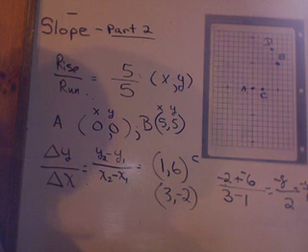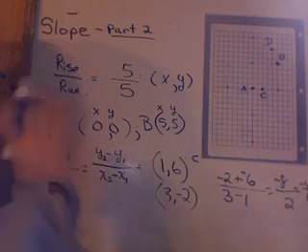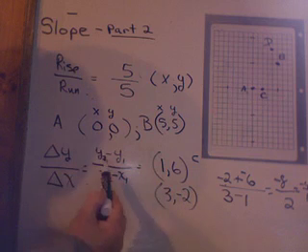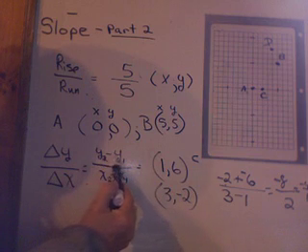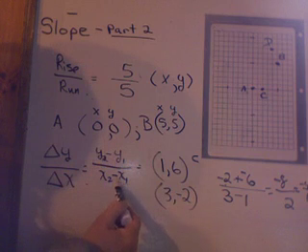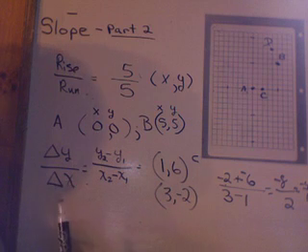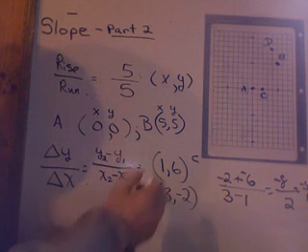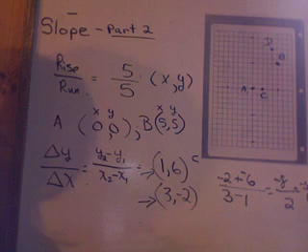So, when you have an ordered pair, you can find the slope. You don't have to plot the points. You can just do the change in y over the change in x, which is identified as y sub 2 take away y sub 1, over x sub 2 take away x sub 1. I think of the 2's as the second ordered pair, and the 1's are from the first ordered pair.